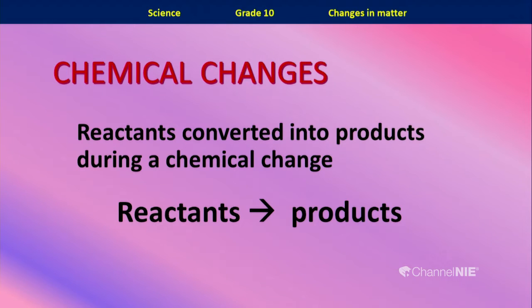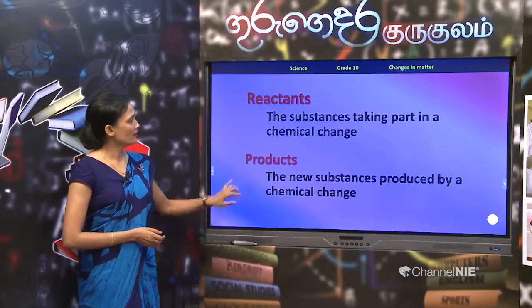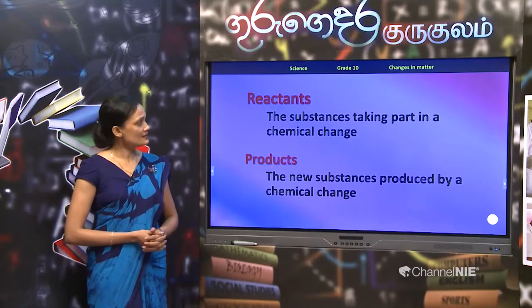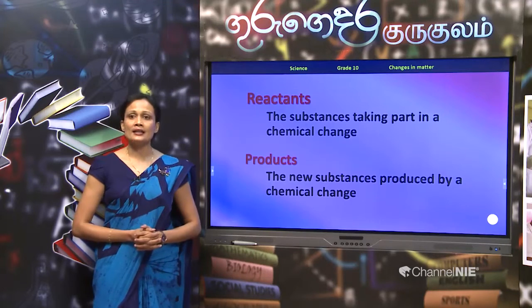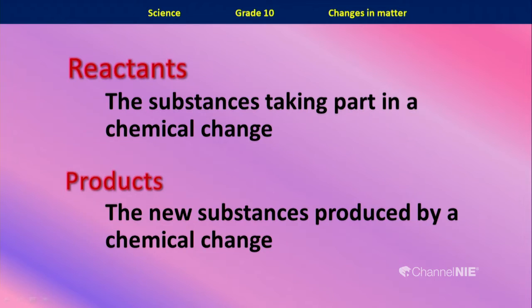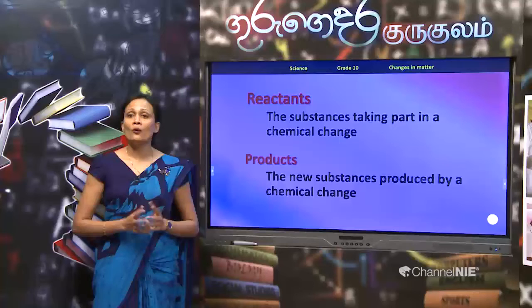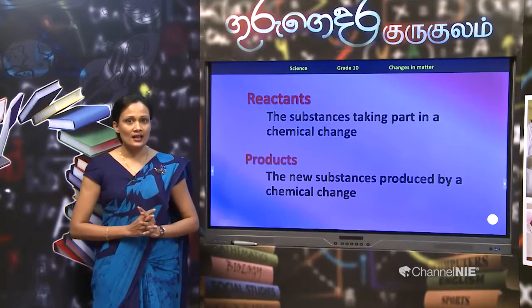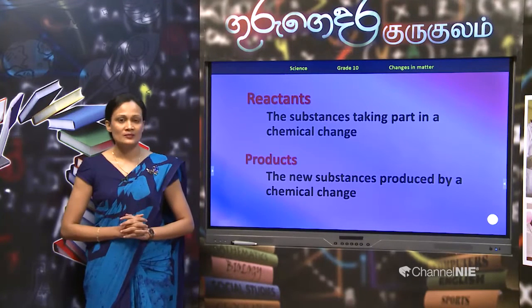What does reactant mean? The substances taking part in a chemical reaction are the reactants, and products are the new substances produced by a chemical change. All these things we discussed in the last part.